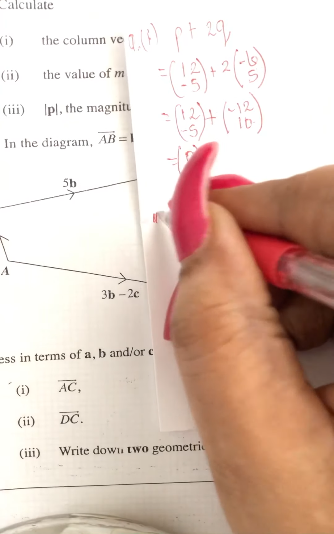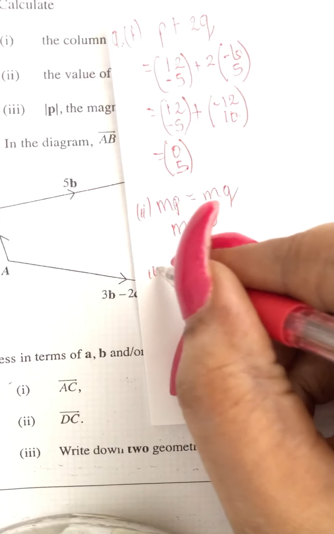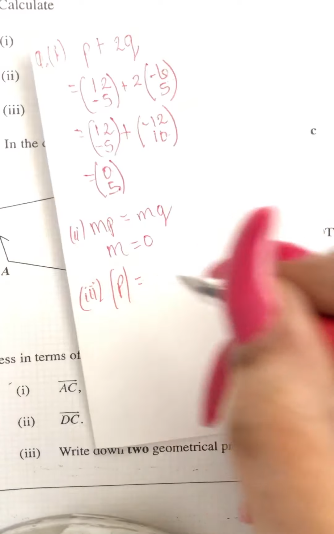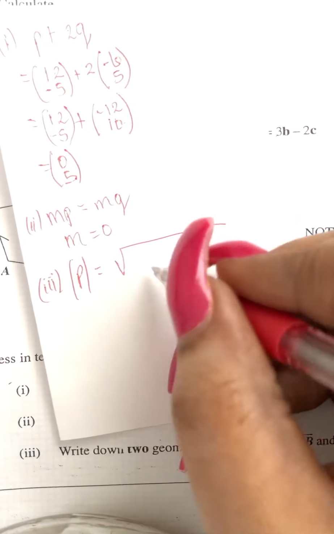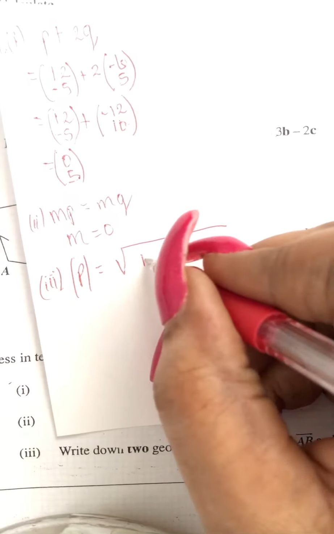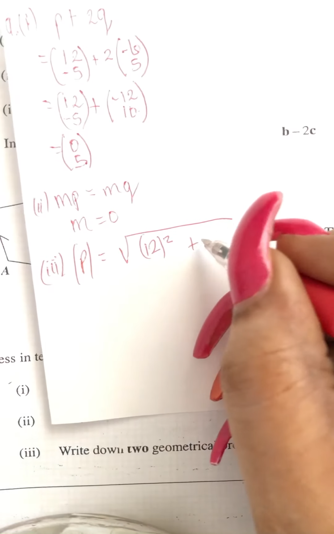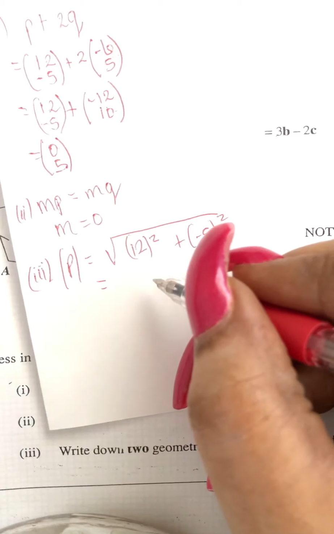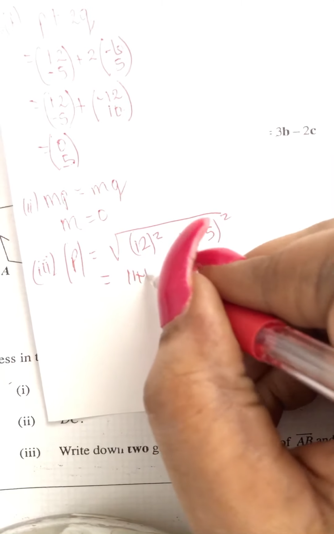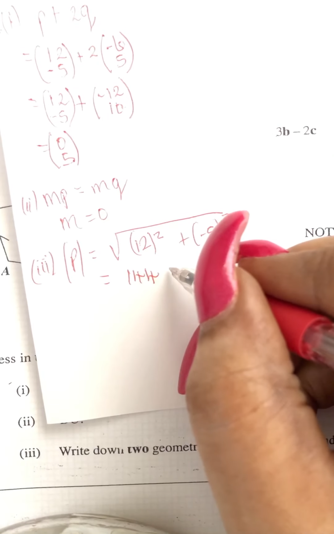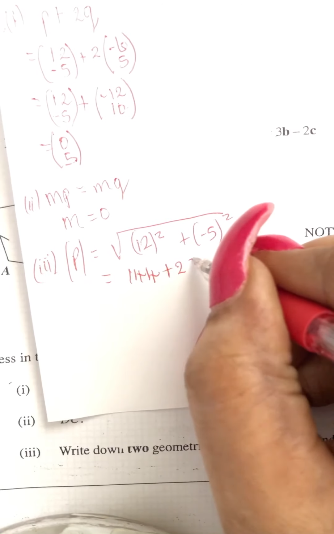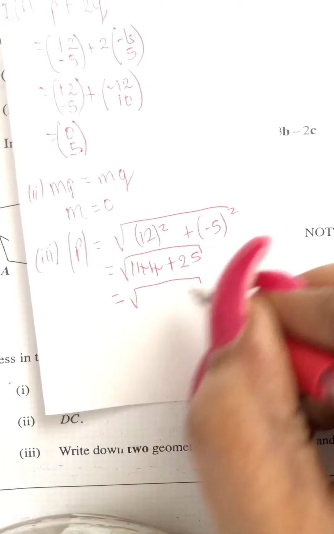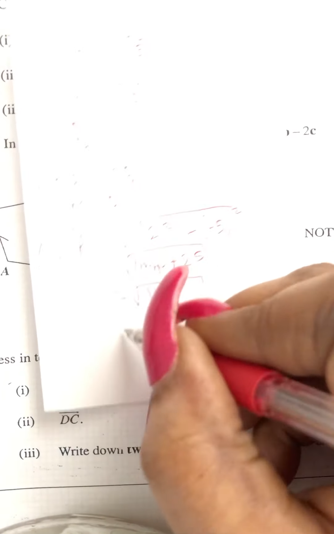So we then look at the modulus of p, or the magnitude. This is where we square root and we find the square of each of the terms. 12 squared is 144, negative 5 times negative 5 is 25, and the square root of 169.